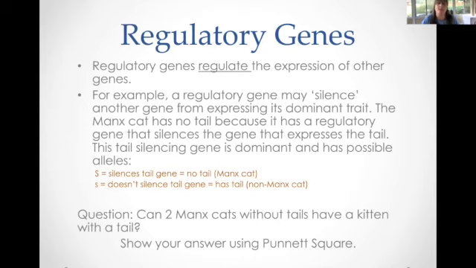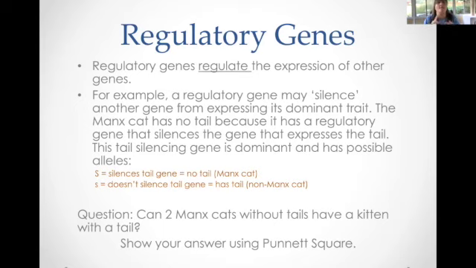So what happens here is there is a tail silencing gene. So there is a dominant gene that tells the little developing body, do not make this tail. That's why here they say it's a silence another gene. So basically it just says, no, don't make it.